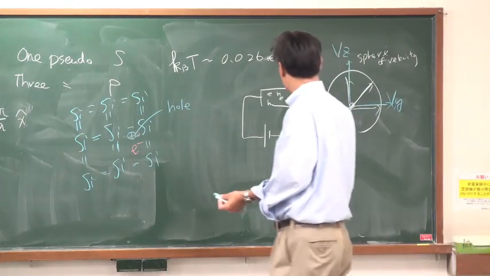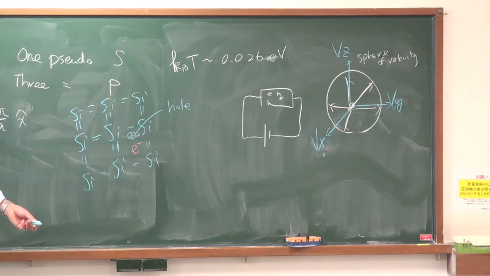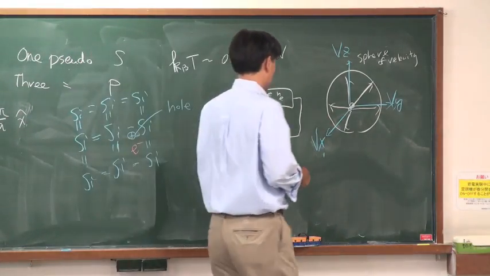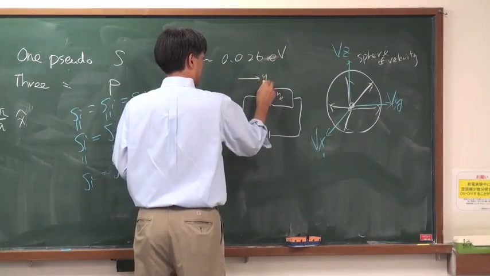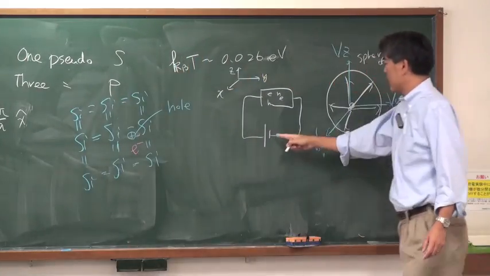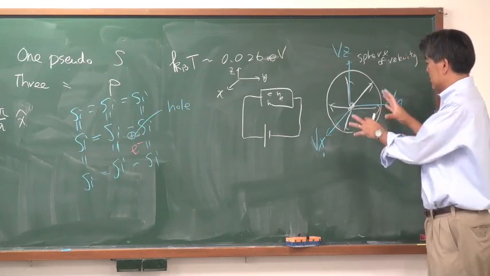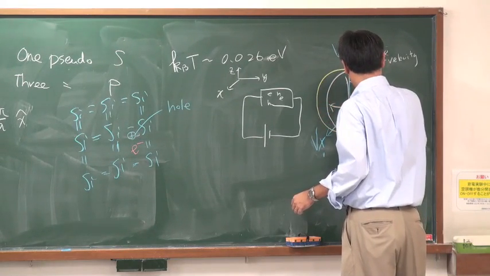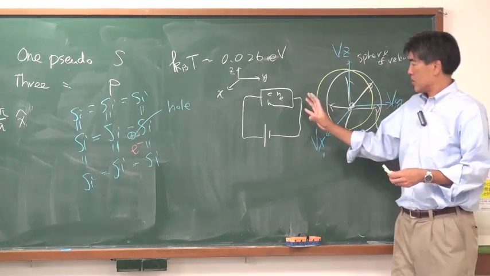And then we can apply external voltage. I can connect a battery to such silicon, for example in the y direction. Then if I connect the battery in this manner, such a sphere is shifted slightly to the left, because the electron shifts this way.